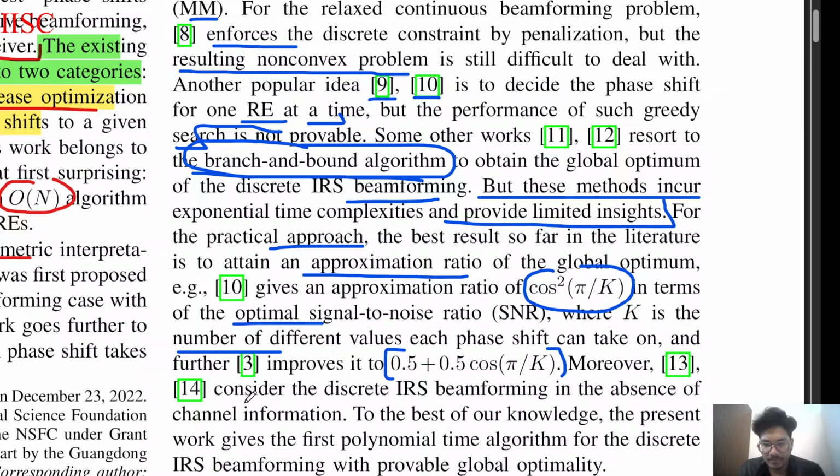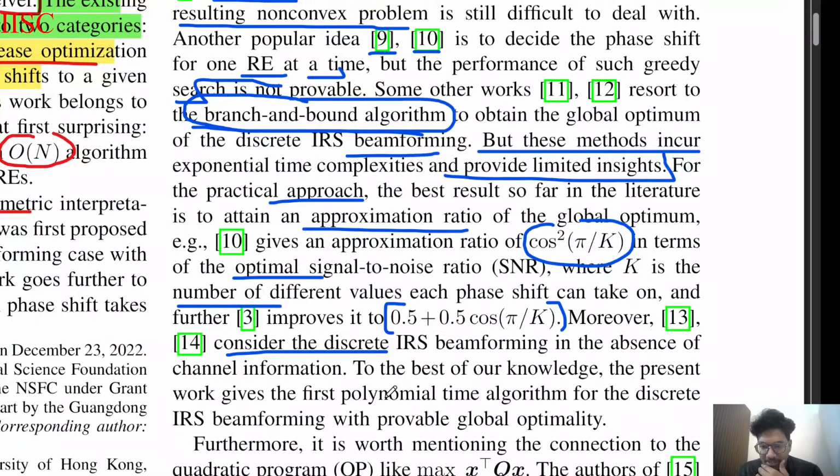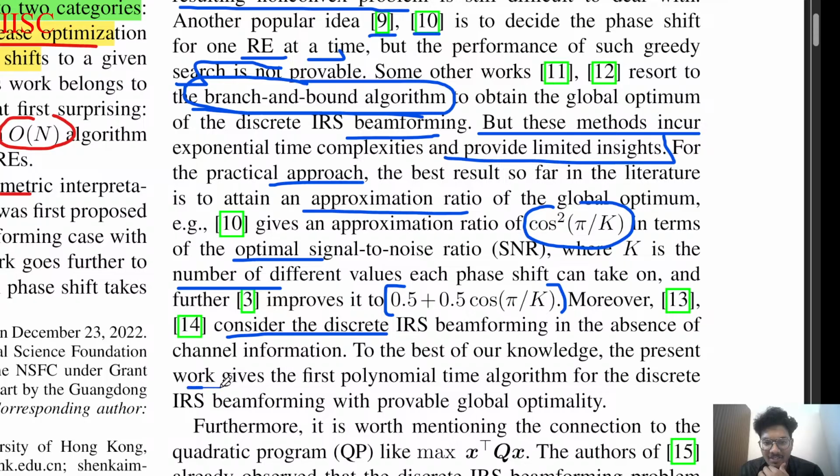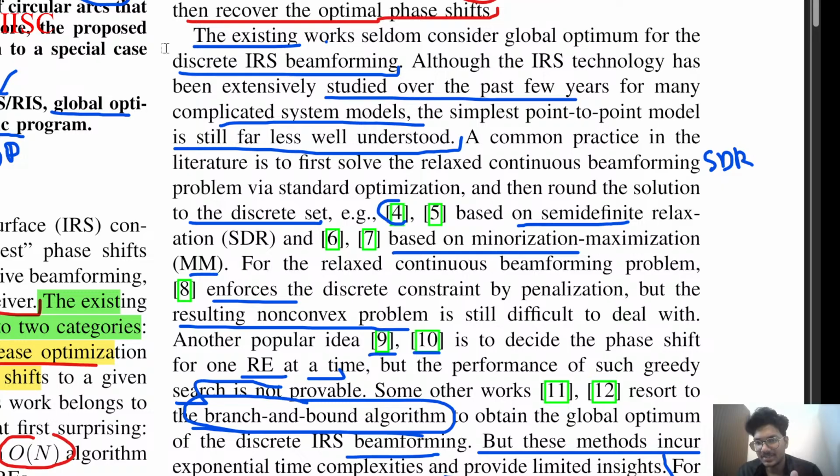Moreover, paper 14 considers discrete IRS beamforming in the absence of channel information. To the best of our knowledge, the present work gives the first polynomial-time algorithm for the discrete IRS constraint.